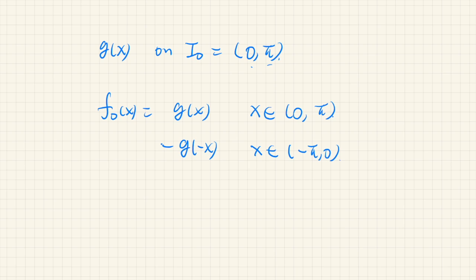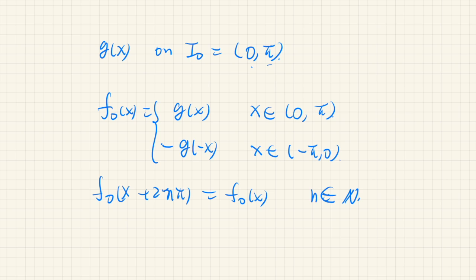Okay, and also we define this as a periodic function. So fo of x plus 2n pi is defined to be fo of x, when n is a natural number and x is between negative pi and pi.